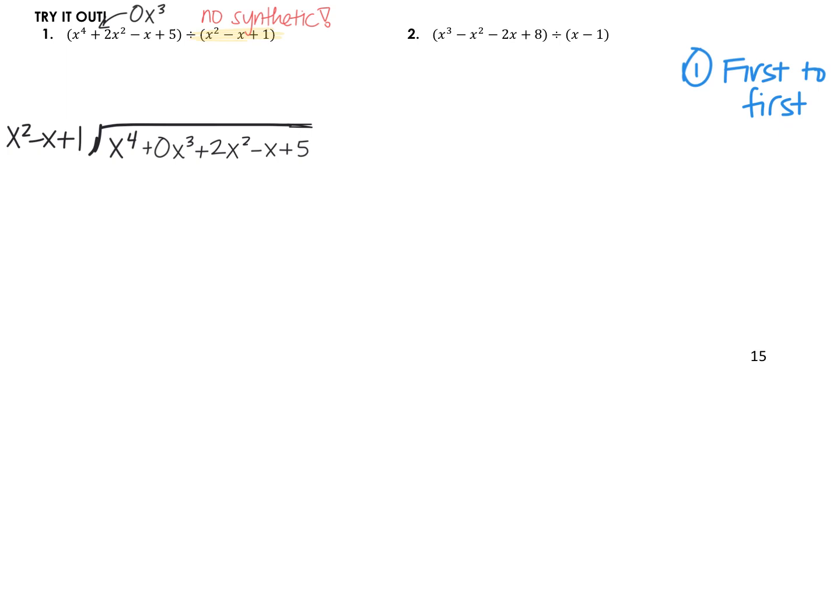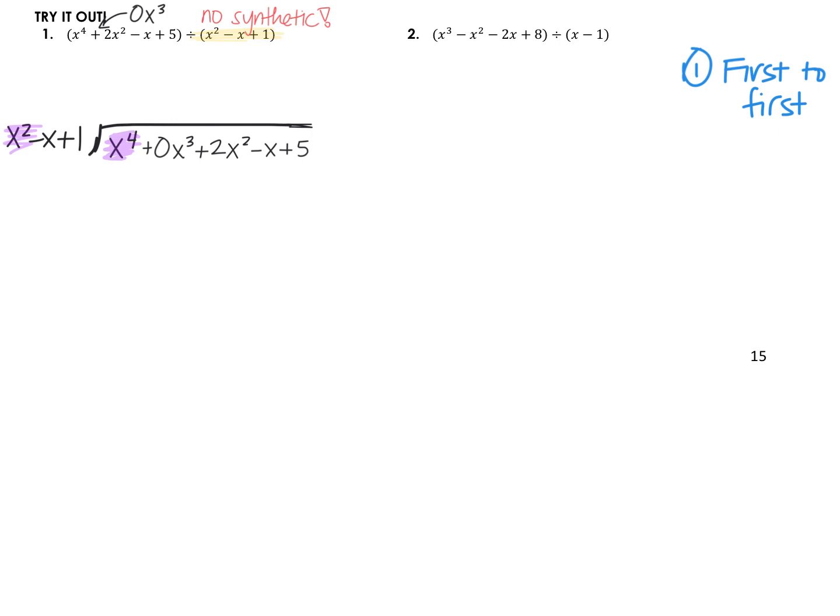We are comparing now first to first. Lots of highlighting here. Here we go. x squared to x to the 4th. x squared times what gets me x to the 4th? x squared, okay, right? x squared times x squared gets me x to the 4th.